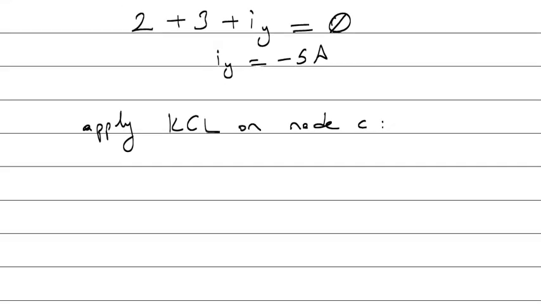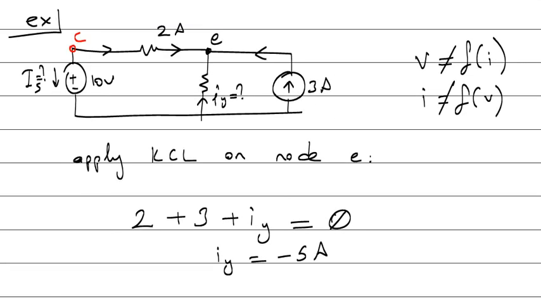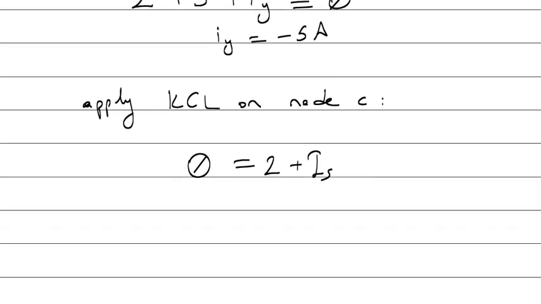So entering currents 0, exiting currents 2 plus IS. Okay, look, 2 is going and IS is exiting. So IS should be minus 2 amps.